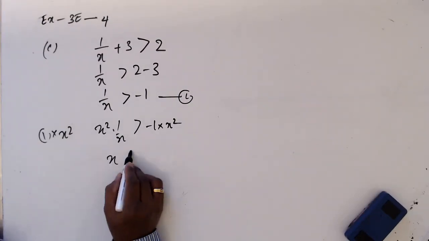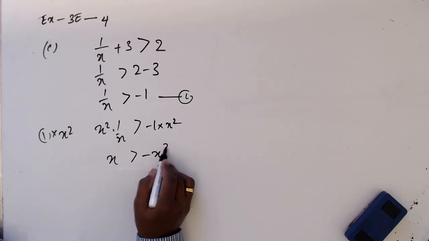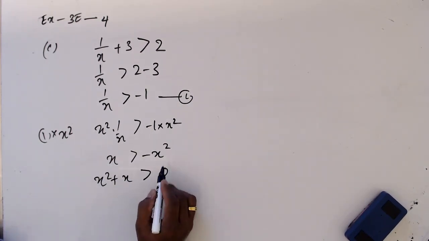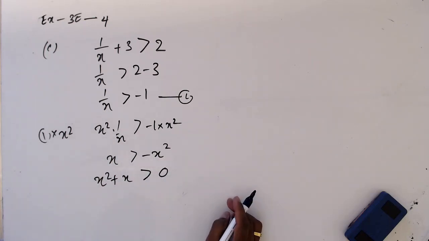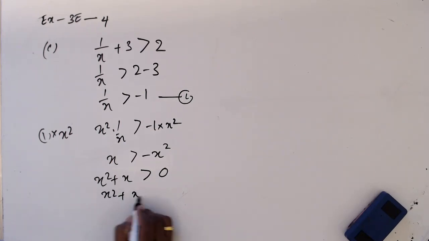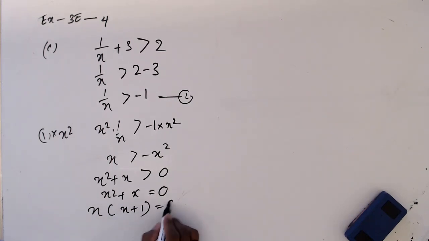This becomes x minus x square greater than 0. I bring it to the left side, so x square plus x. Now let's solve the equation x square plus x equals 0. x times x plus 1 equals 0. x equals 0 or x equals minus 1.